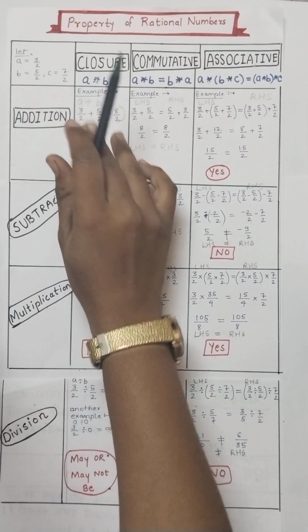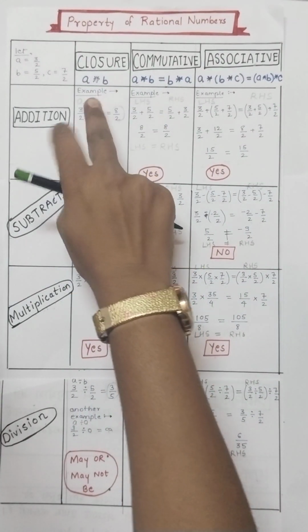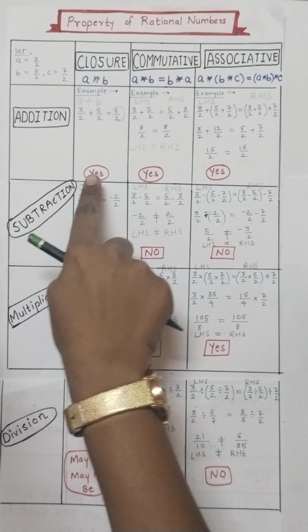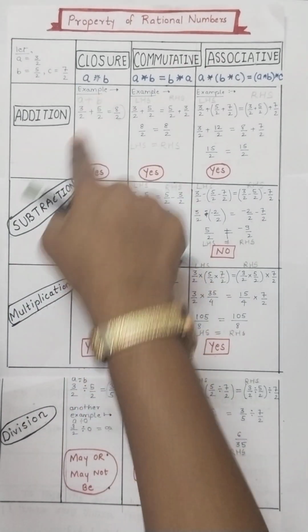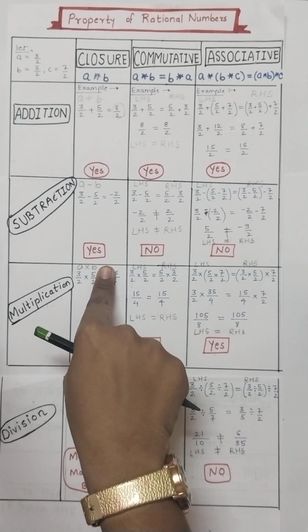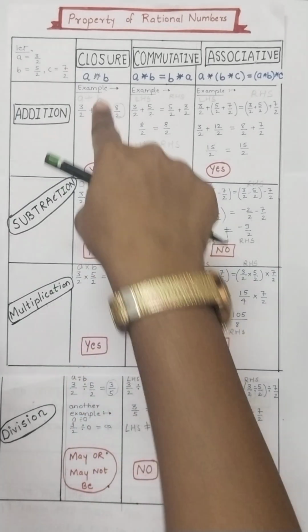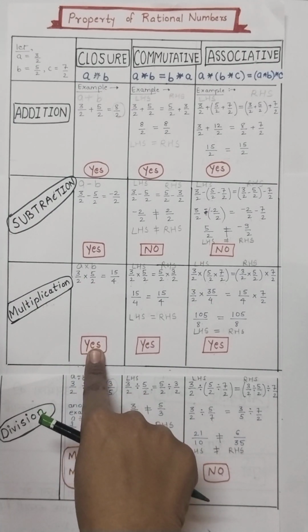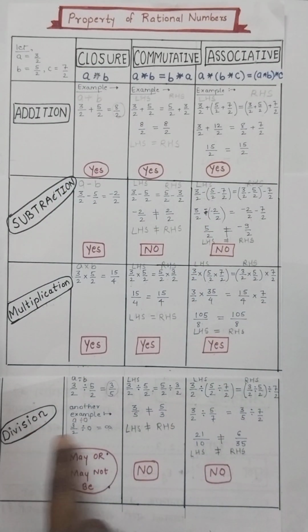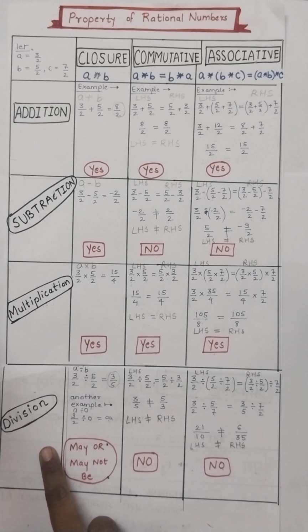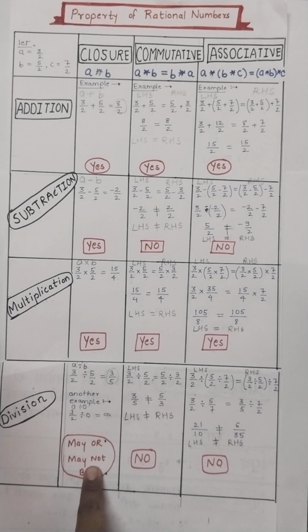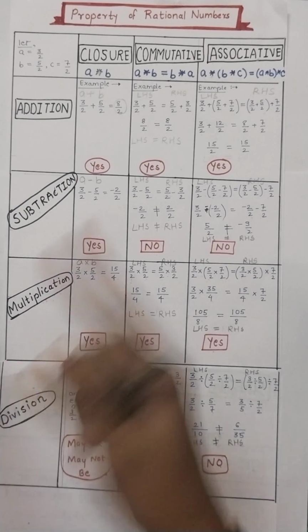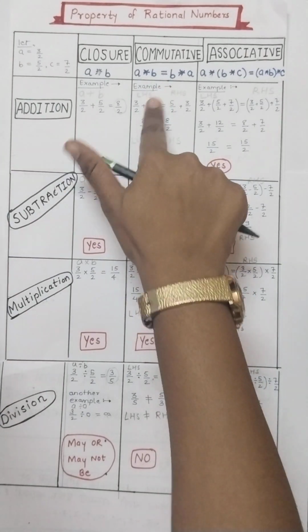When we added two rational numbers, our answer is yes, a rational number. When we subtracted two numbers, our answer came yes, it's a rational number. When we multiply two rational numbers, yes, our answer is a rational number. When we divided two rational numbers, the answer may or may not be a rational number.